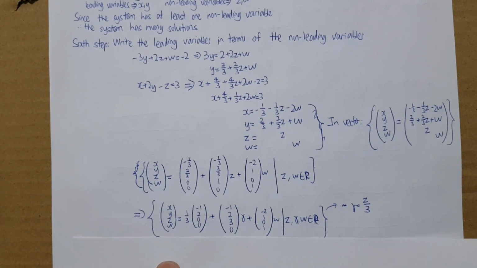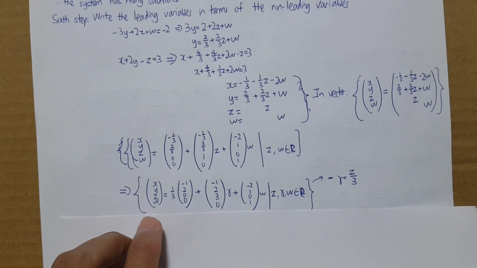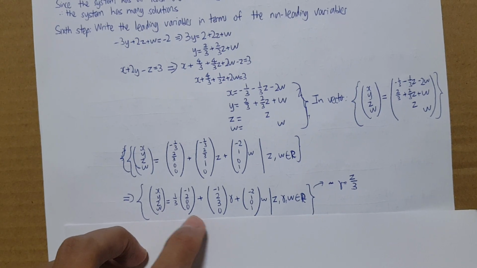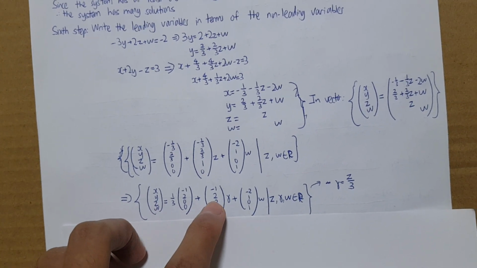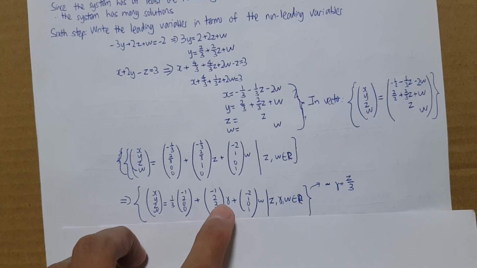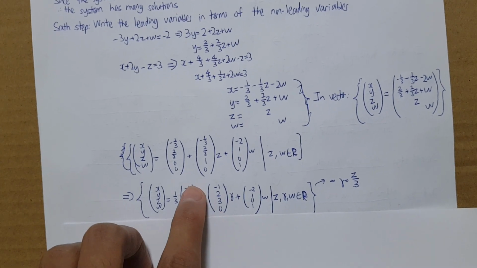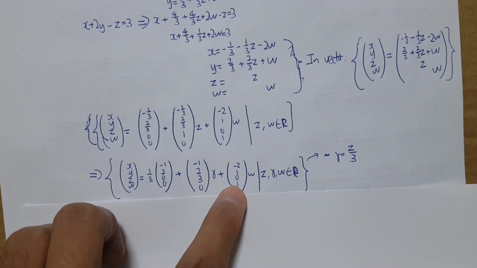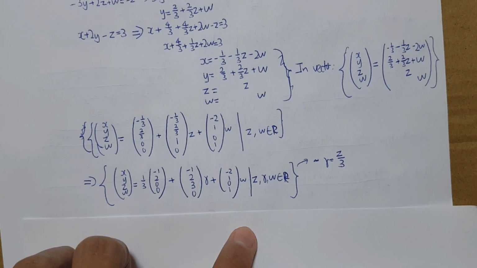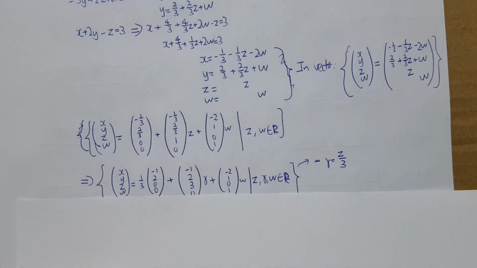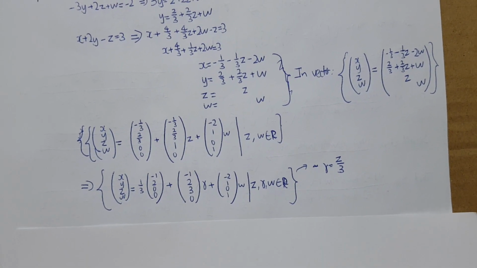So x, y, z, w equals 1/3, minus 1, 2, 0, 0, plus... we change the variable, so instead of z we get lambda, so we put lambda as z over 3. We present it in this form, and this will still be constant, and hence this will be our final solution in vector notation. That's all for this tutorial.